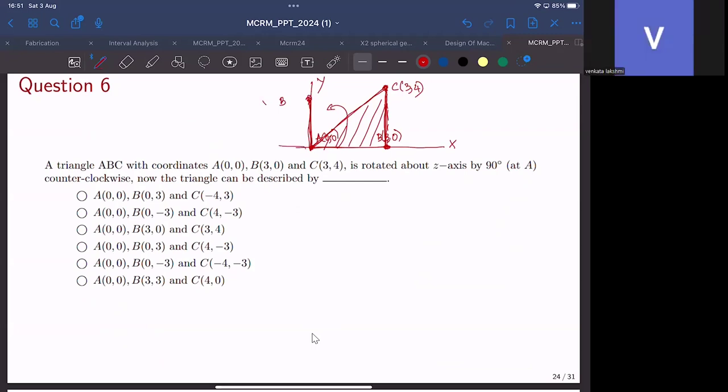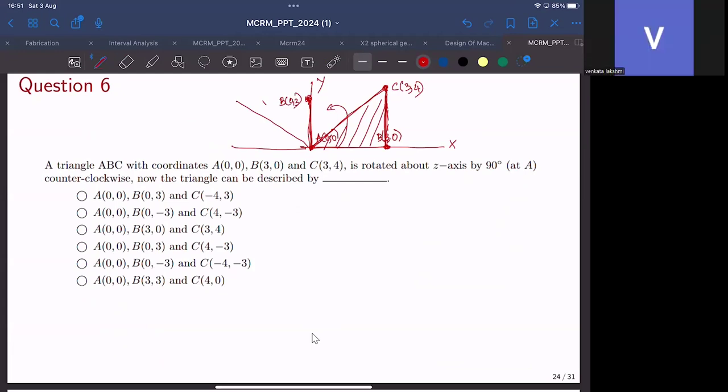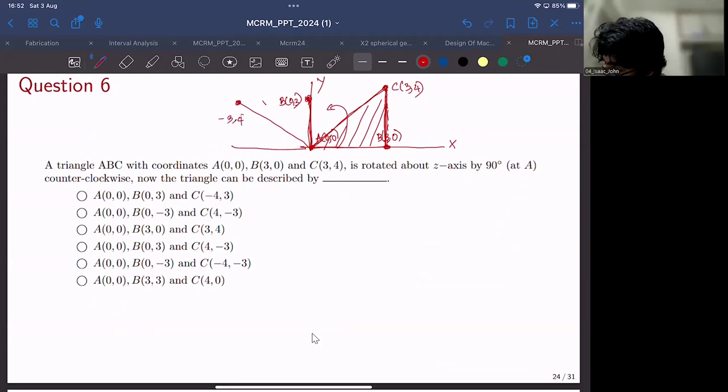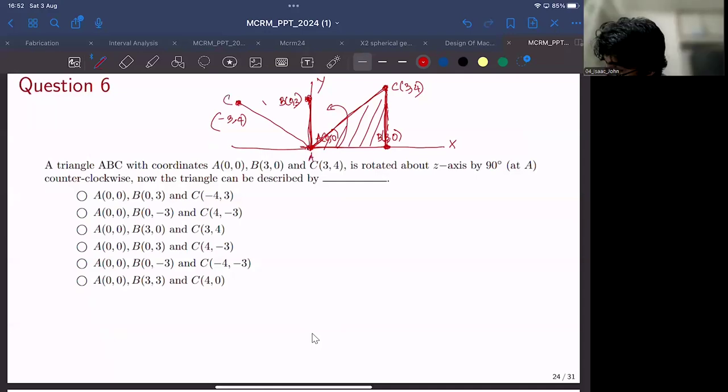Now B would be 0,3. Then C will be minus 3,4, like this. A is as usual. So this is A, this is B, this is C.